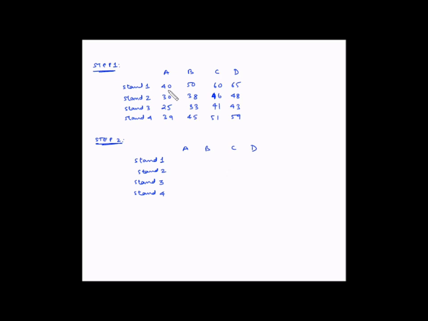Now in the first row, the smallest element is 40. So let's deduct 40 from each of the elements in the row. So we get 0, 10, 20, 25.